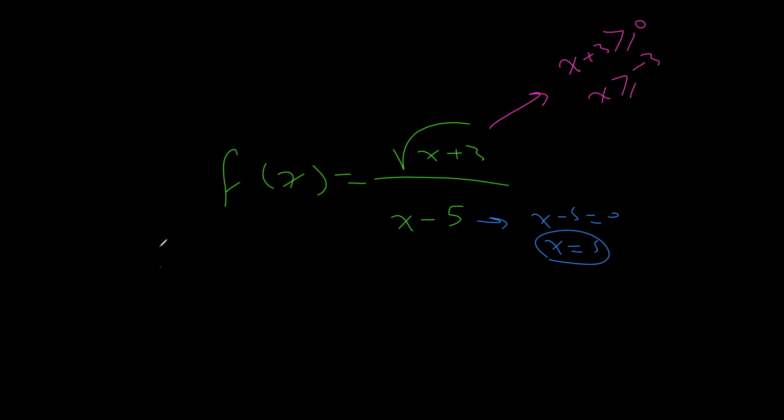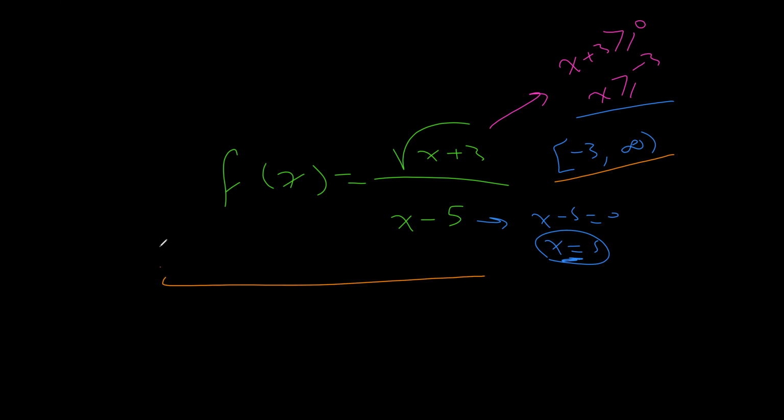So now, we write this domain as an interval. It's going to be negative 3, closed with a bracket, to positive infinity. But here, x cannot equal 5. So the domain of the numerator can be from negative 3 to positive infinity.